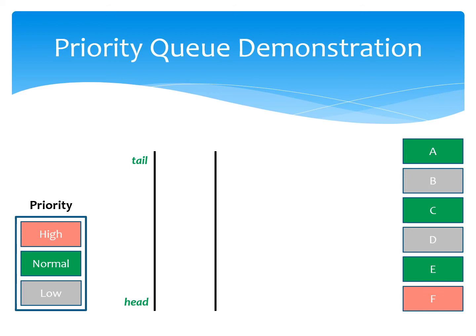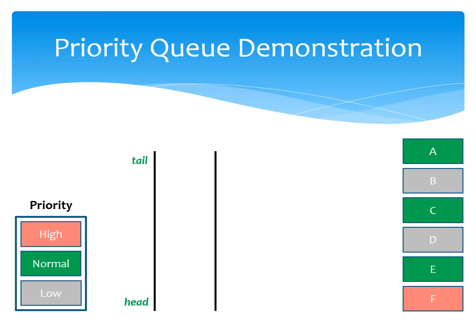We have a set of tasks representing A to F with different priority levels. For instance, task A is a normal priority. Task B is low priority, and task F is high priority.